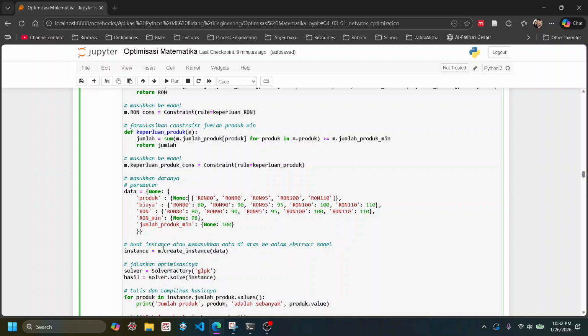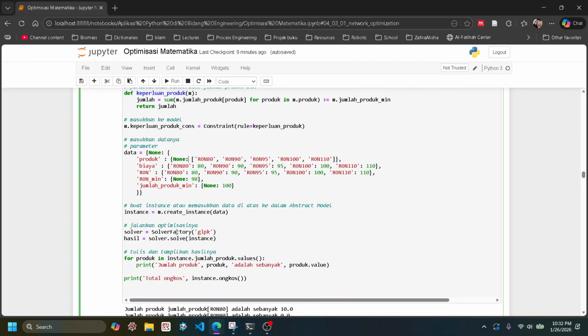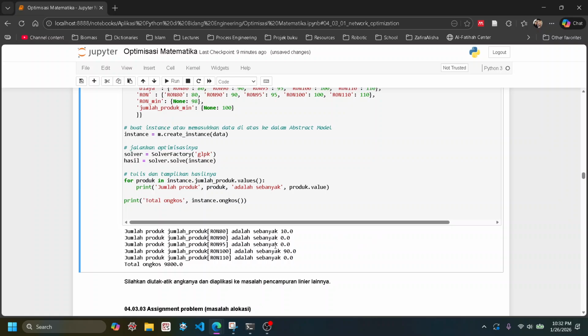Then we create the instance, call the solver and solve it, and find which products we need and what the total cost is. So we run this. We know for octane 80 we need 10, and for octane 100 we need 90.